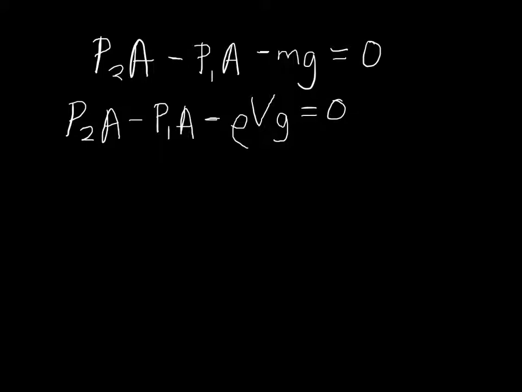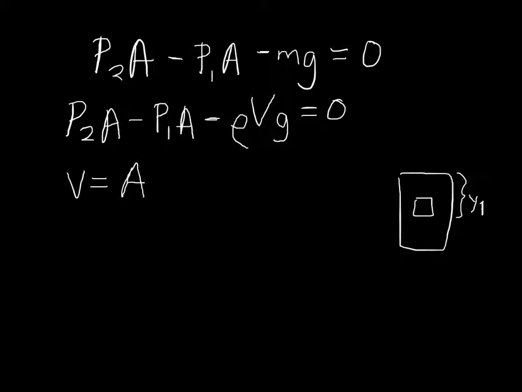Now the volume of our ice cube is equal to the length times the width times the height. The length times the width is just the area of our ice cube. And if we quickly sketch out this ice cube again, here's our little cube of water, and we said there was a height y2, or y1 was how far the bottom of the ice cube was, and y2 was the distance to the top.